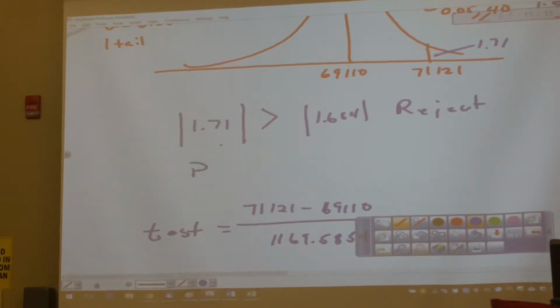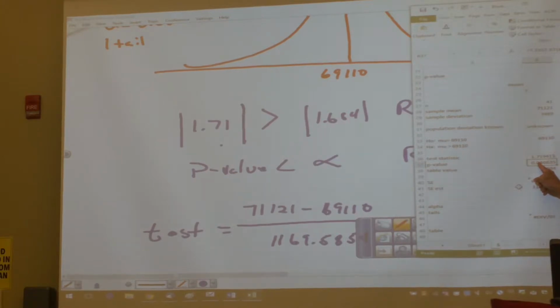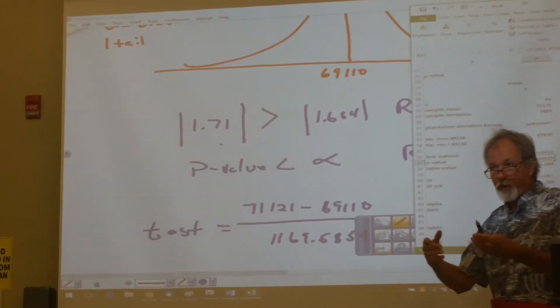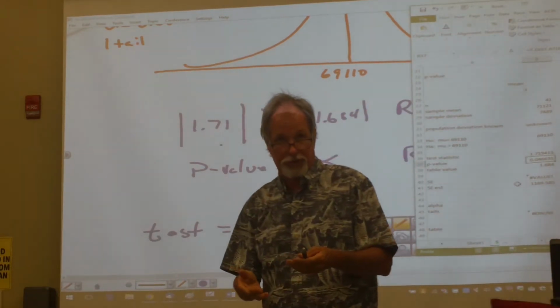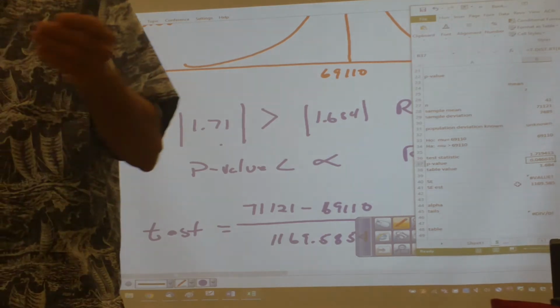If the p-value is less than alpha, you still reject. When I got the p-value here, it's 0.04, which is less than 0.05. So both ways I make the same decision. You'll make the same decision both ways every time.